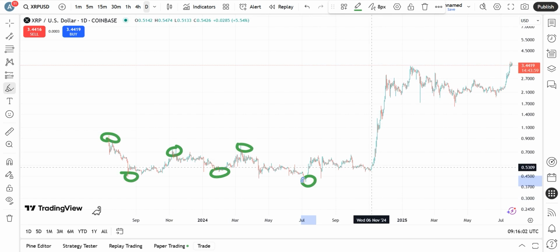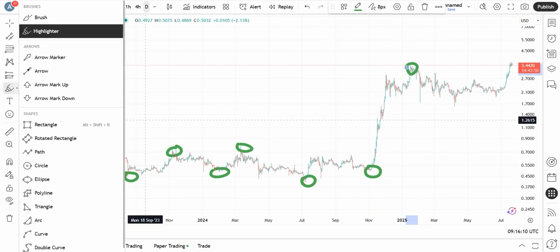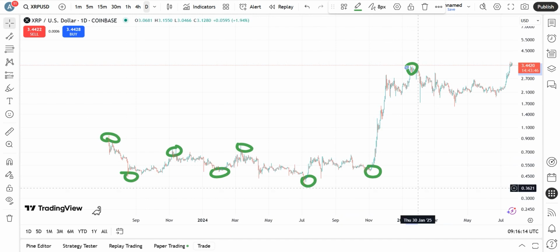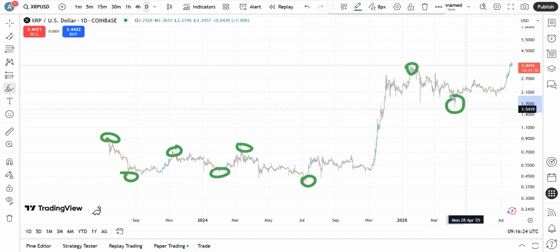Another one here. It's not that major. Right here. I think it's better to remove it. Perhaps. Another one right there. And who knows, is this going to be another pivot or not? So let's figure it out.